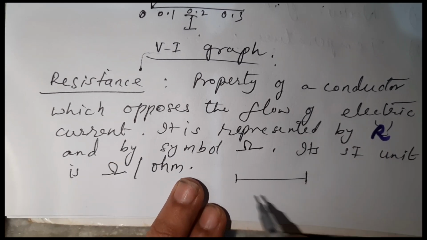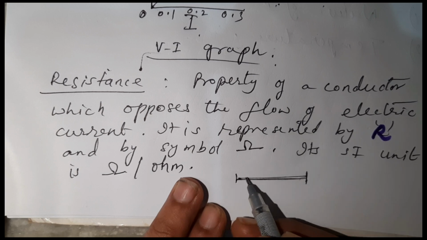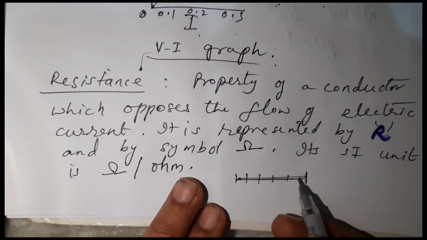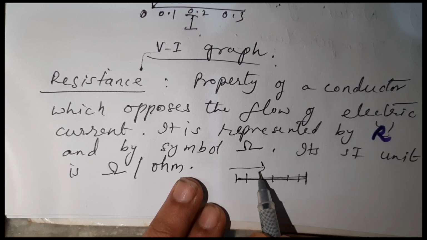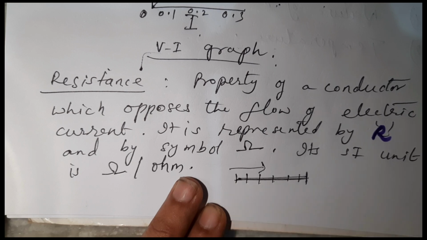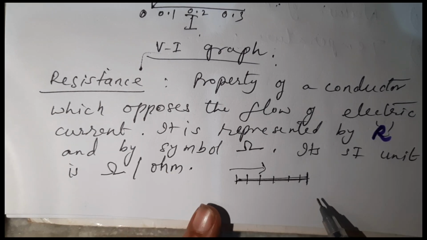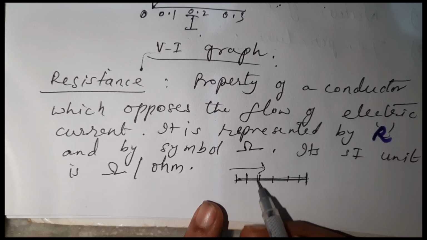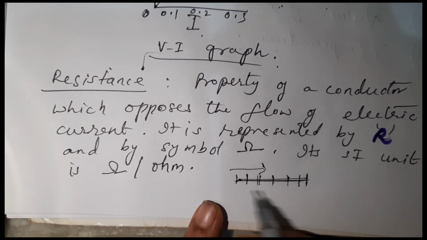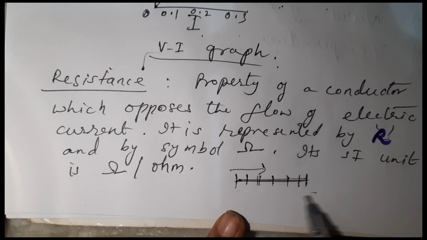It's like a speed breaker on the road. Why are speed breakers given on the road? So that we can control our speed. Without a speed breaker, we will drive carelessly. In the same way, if no breaker is there in the flow of current, current will flow recklessly.